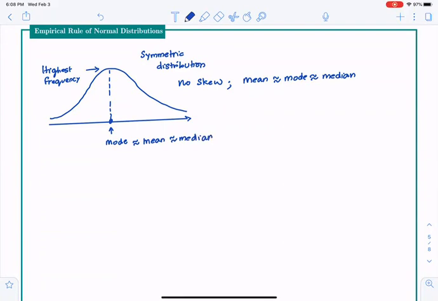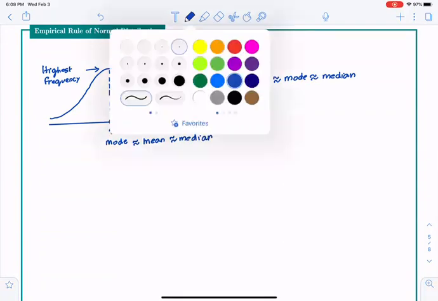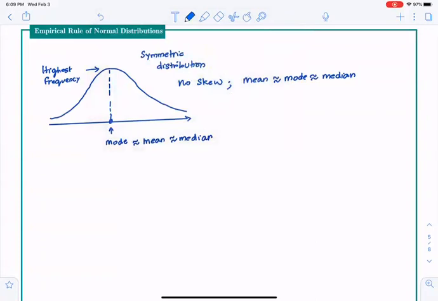Now, what we know about the median is that the median splits the data exactly in half.